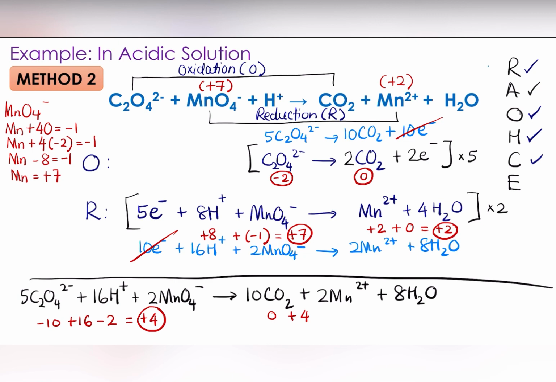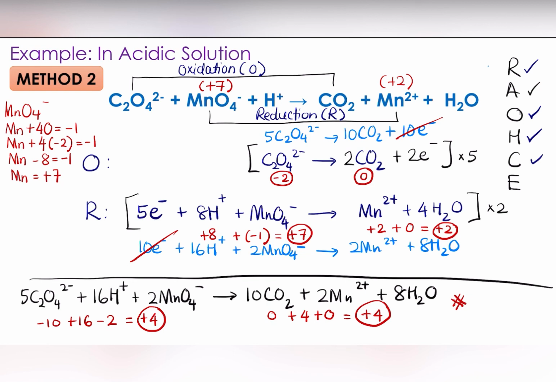And then 8H2O, a neutral compound, 0. So the total is positive 4. So on my left, the reactant side, I have positive 4 and the product side I have positive 4. So it is the same. It means it is already balanced. So this is what I can conclude from here, my last final equation is correct.